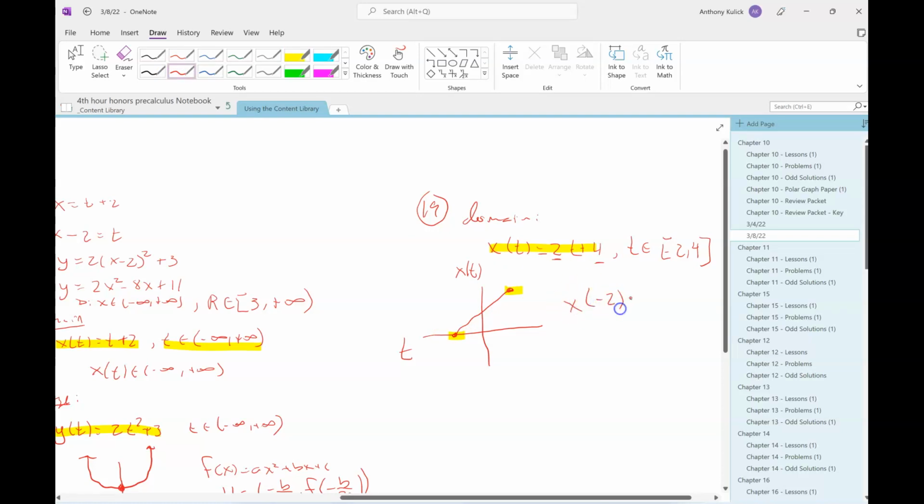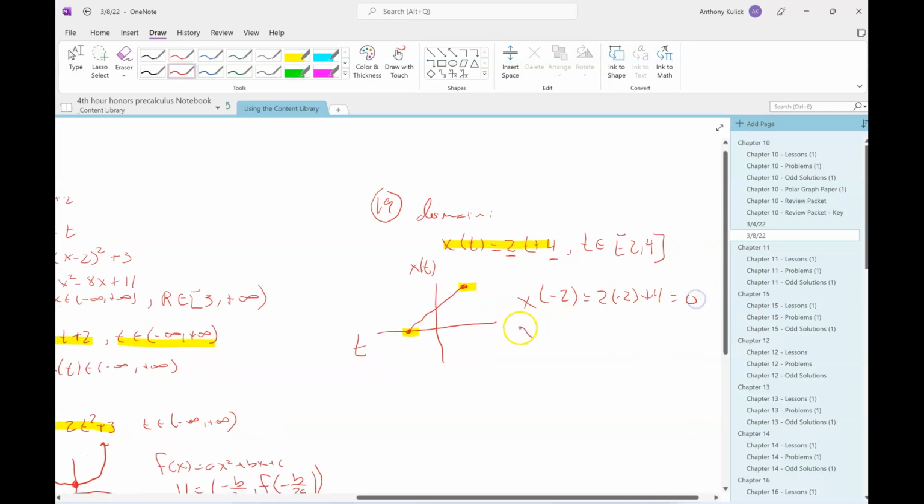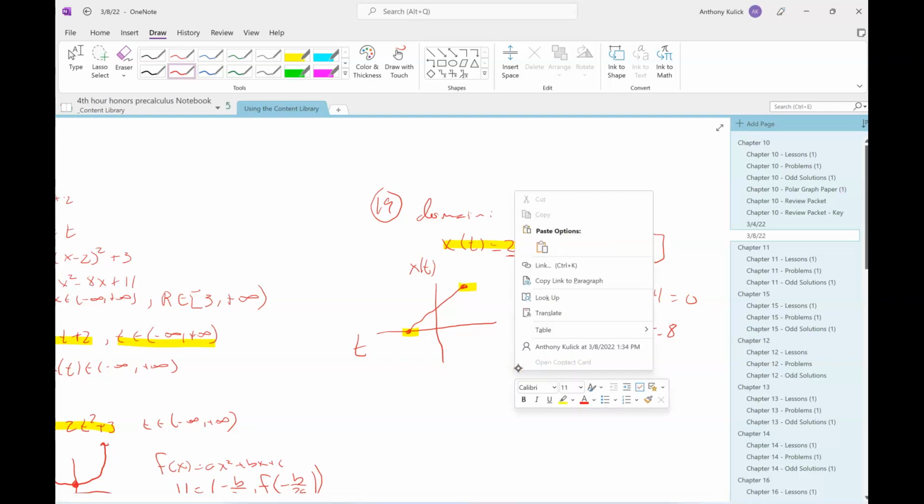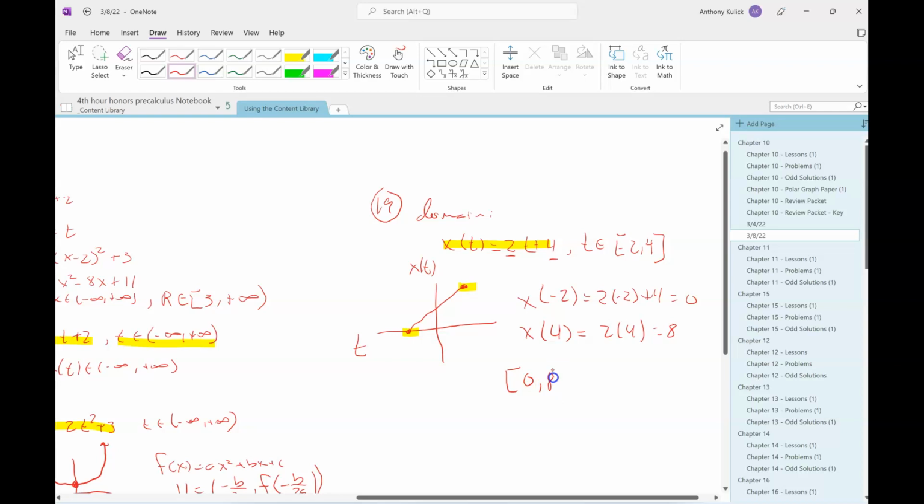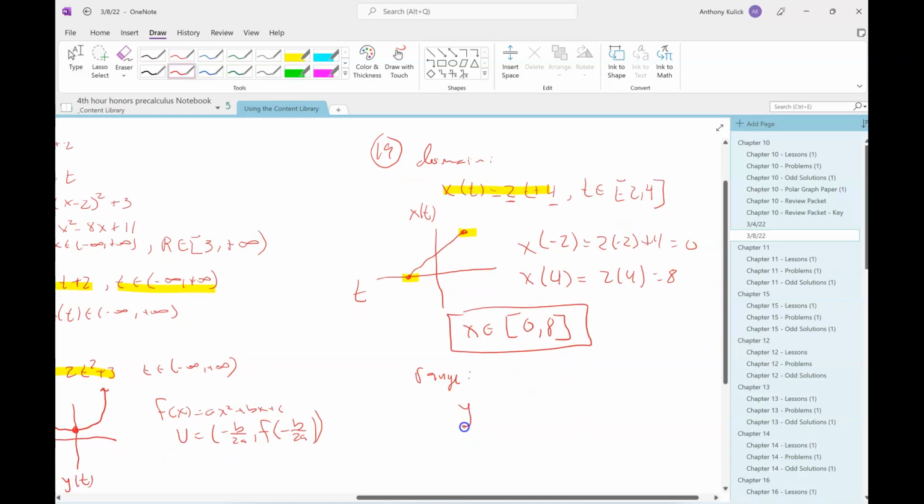So I just need x of -2, which is 0, and then x of 4, which is 8. Okay, so my domain then should be from 0 to 8. Is that okay? Do you want to do the range also? Yeah. And then here, our range is a quadratic.